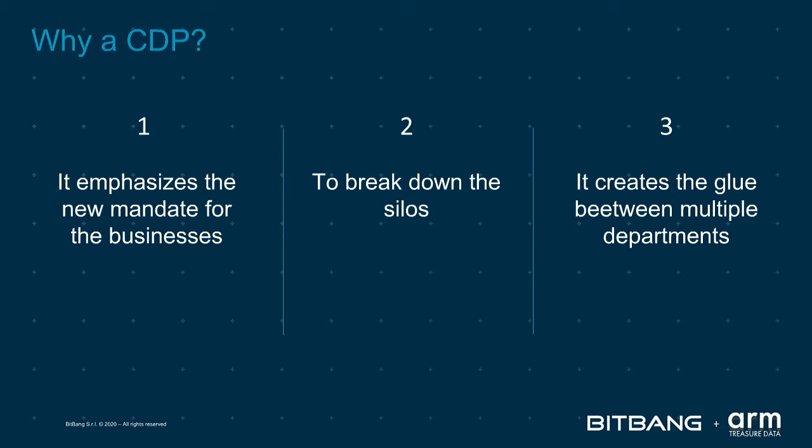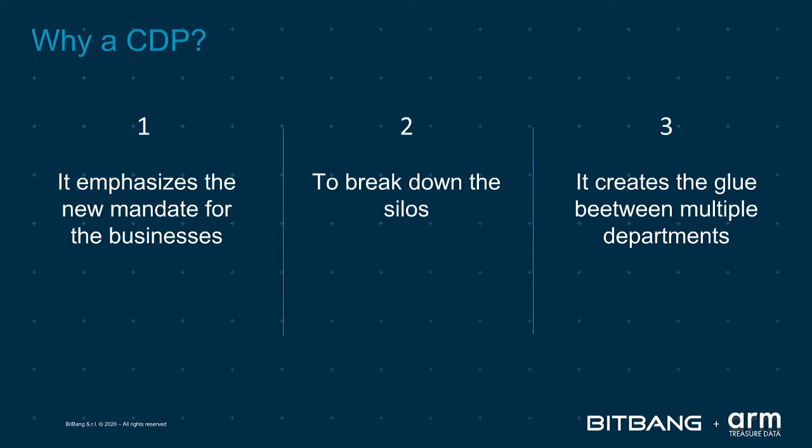And these are expectations that the marketers have to solve the most important action they have at their end, which is making personalized and targeted customer engagement through activation available across channel and device. So having a CDP, I would say, probably emphasizes the mandate for the business to solve such challenges.